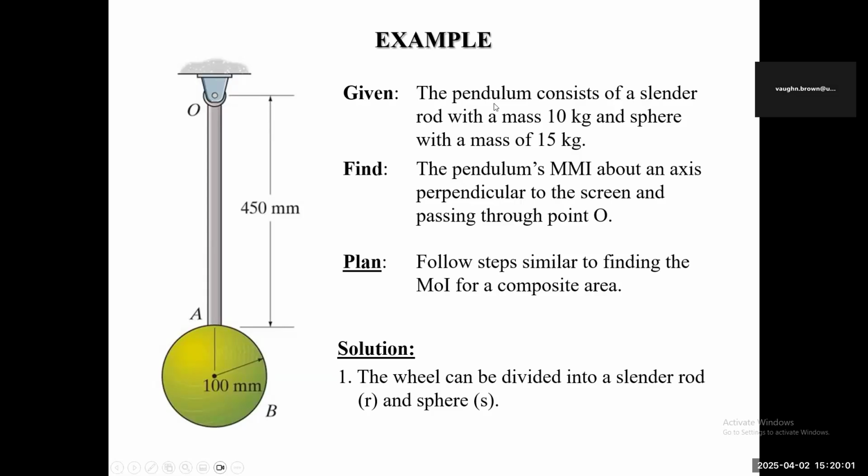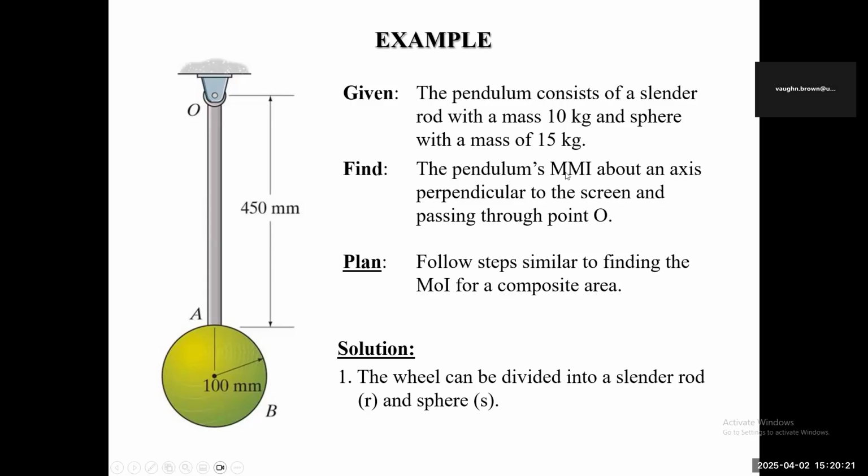So given the pendulum, here you have a pendulum. This is a sphere, this is a cylinder, and it's anchored up here. The pendulum consists of a slender rod, a cylindrical bar with a mass of 10, and the sphere has a mass of 15, right?